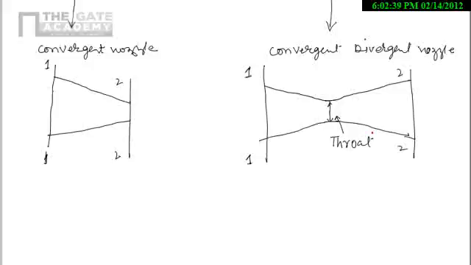So we need to consider when this device will act as a nozzle or as a diffuser. One device may act as a nozzle, and it may also act as a diffuser. Diffuser means the kinetic energy decreases at the output, so we get the reverse effect.